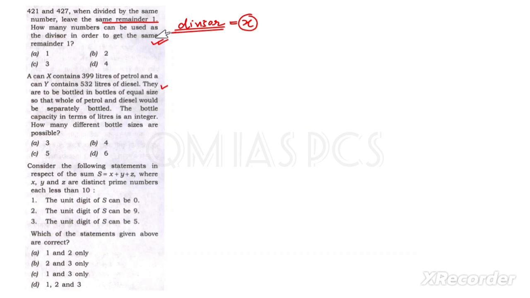So first one, 421 can be written as dividend is equal to divisor multiplied by quotient q plus remainder 1. For this one I have taken quotient q, and for 427 I have taken divisor x and quotient p. Remainder is 1. There is no issue with this one.